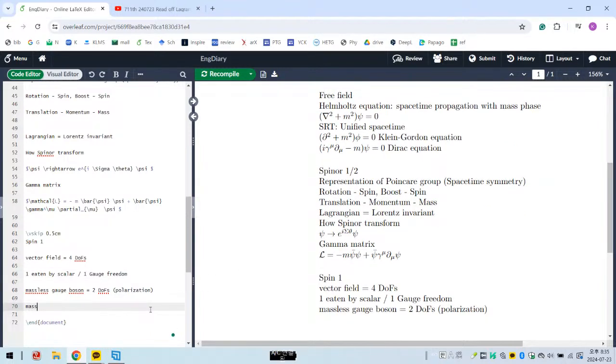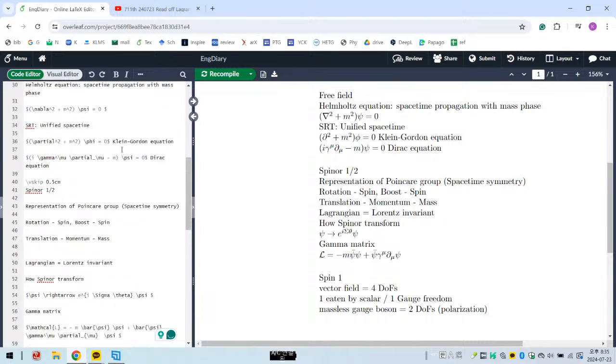In this case, there are three degrees of freedom, so there is no gauge freedom; the gauge is already fixed. If we obtain the equation for that, first of all, the equation is similar to the Klein-Gordon equation. This is the Klein-Gordon equation.